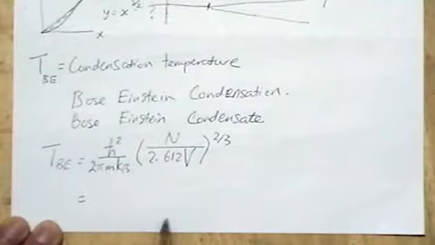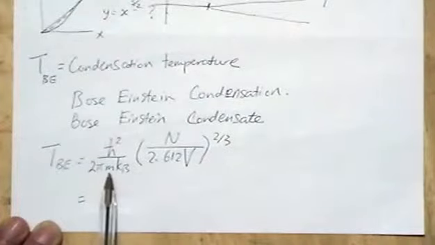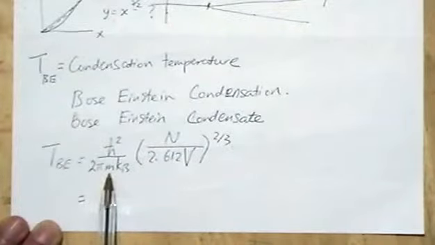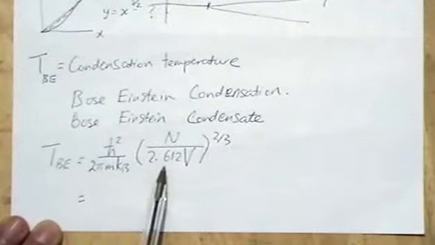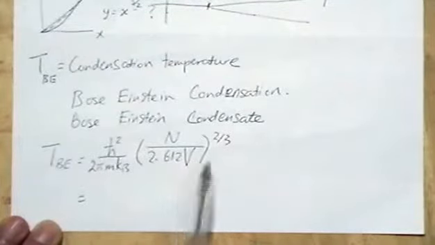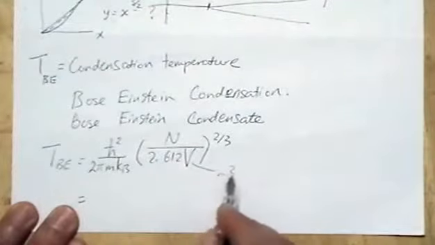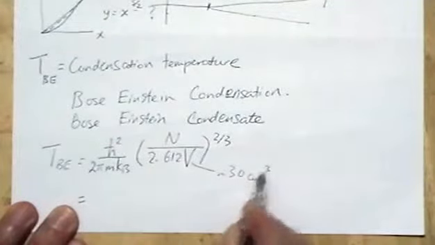In the case of liquid helium, we know these numbers. That would be the mass of the helium-4 atom, and we can Google that the volume of 1 mole of liquid helium-4 is about 30 cm cubed.